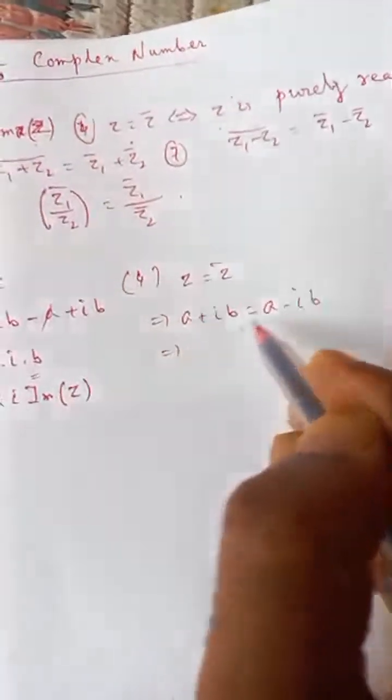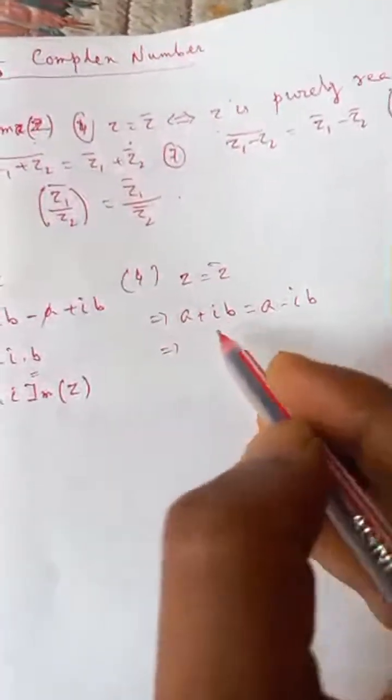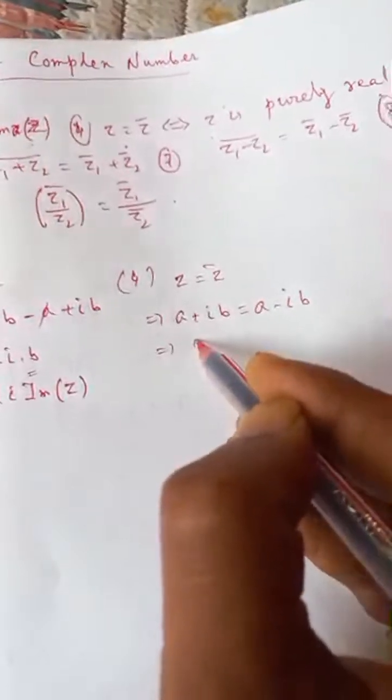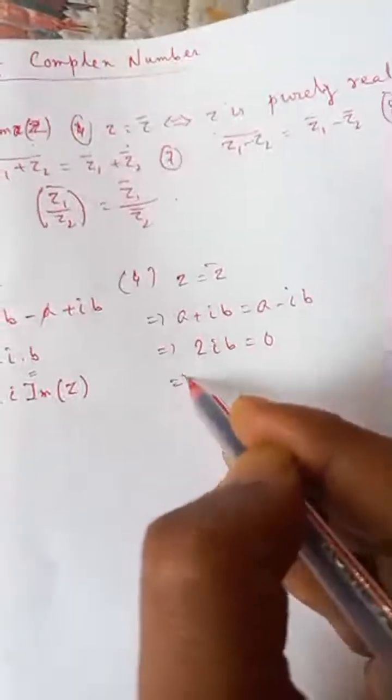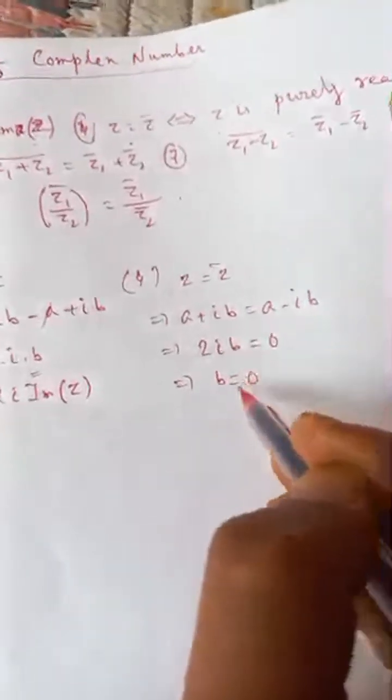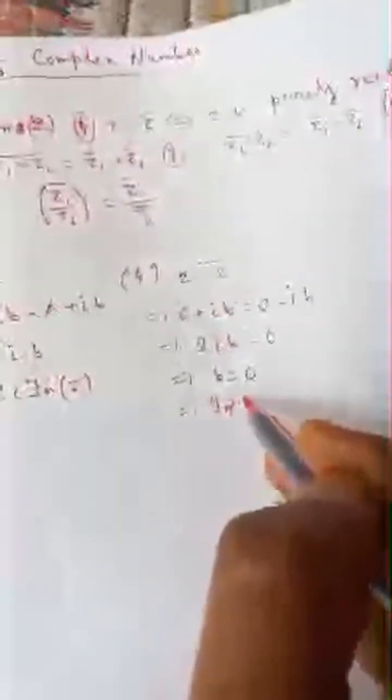On both sides, a cancels each other, and we will have 2 iota b is equal to 0, which implies that b is equal to 0. Means that imaginary of Z is equal to 0, so Z is purely real.